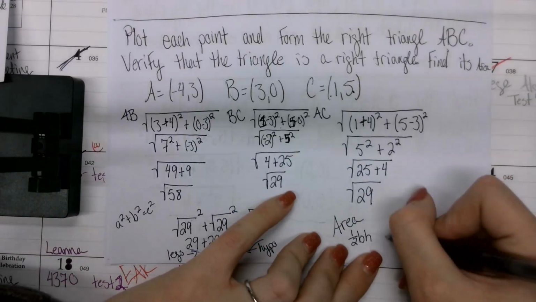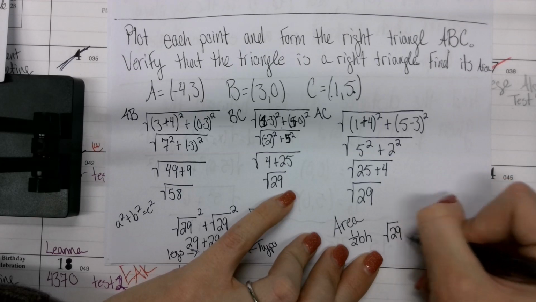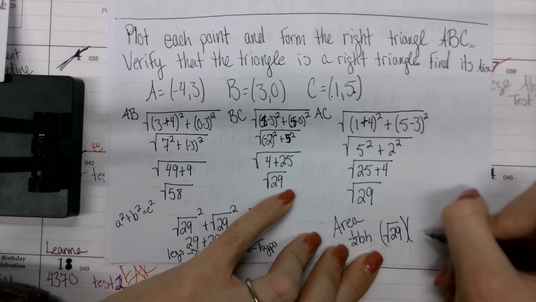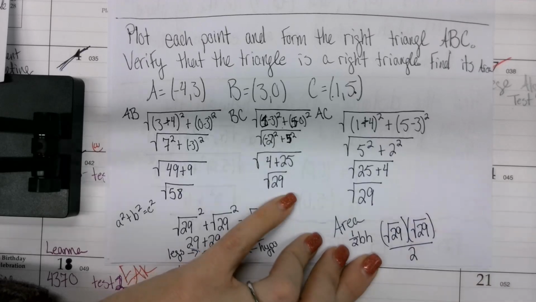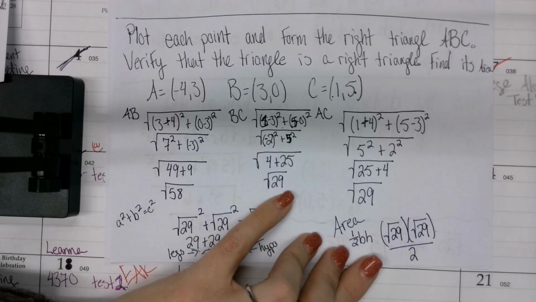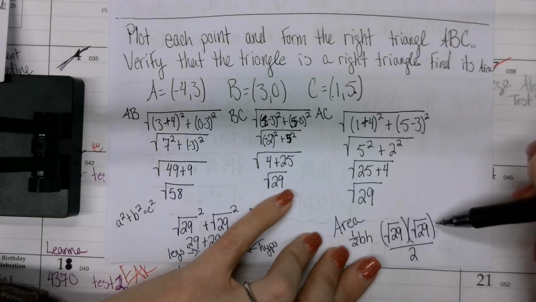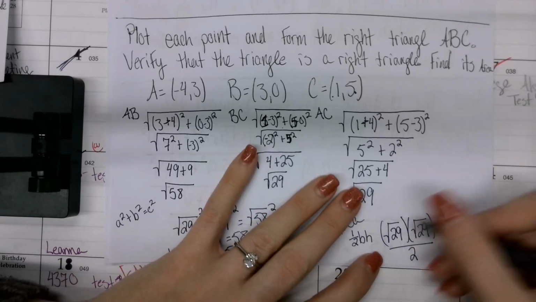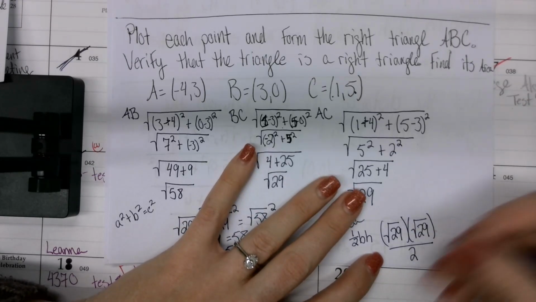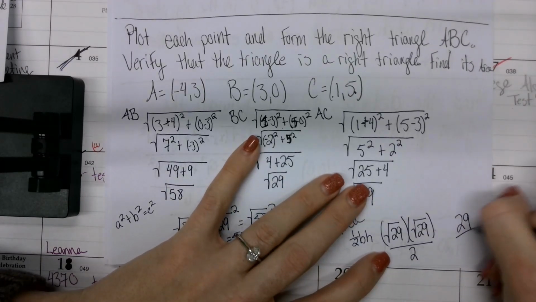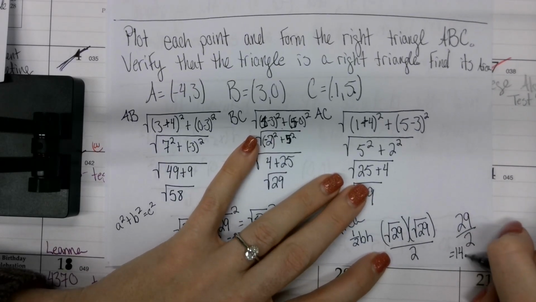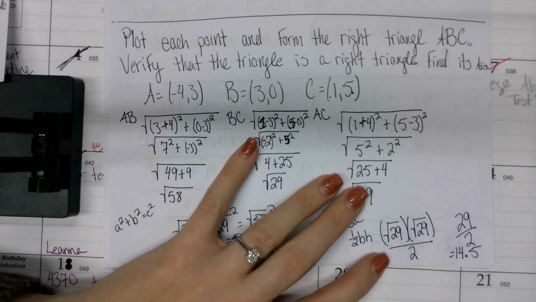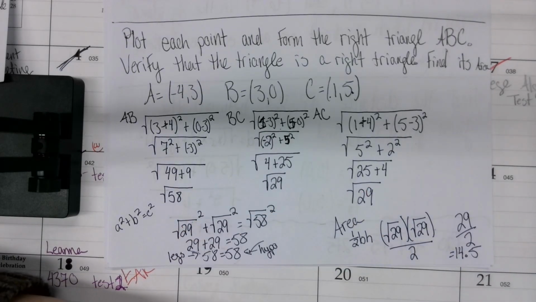So we'd have the square root of 29 times the square root of 29 divided by 2, or times 1/2, whichever one you want to do. Ours are going to cancel out because it'd be the square root of 29 squared. So we'd have 29 over 2, which is going to leave us with 14.5, and that's kind of scrunched because we just divided 29 by 2.